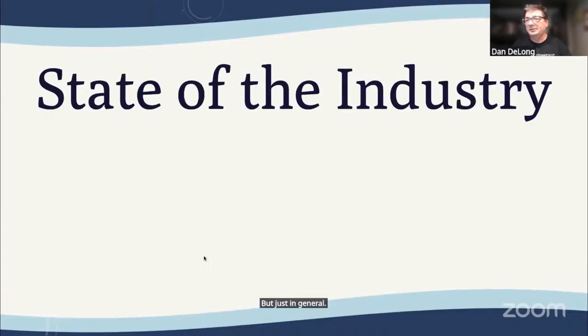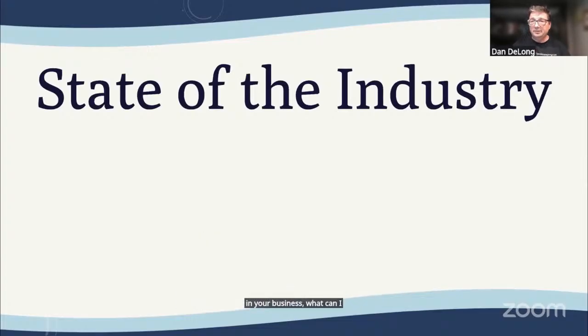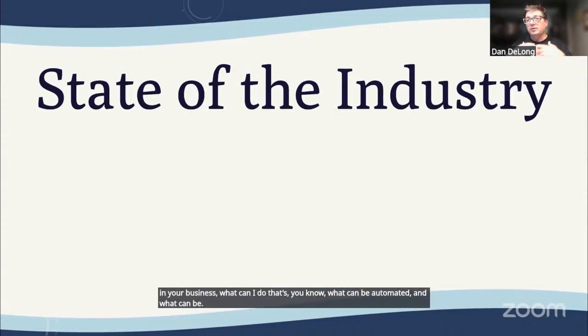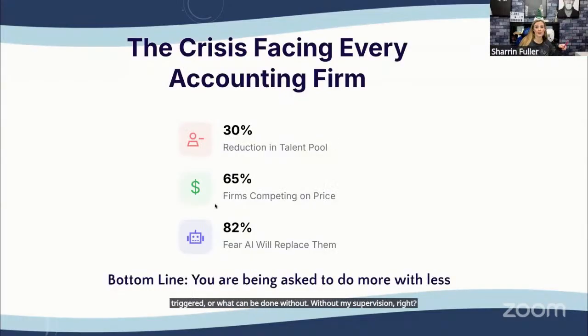That's where you're searching for efficiencies in your business. What can be automated, what can be triggered, or what can be done without my supervision? And then find what cannot be done without all those things and make a career out of that for the next little bit.